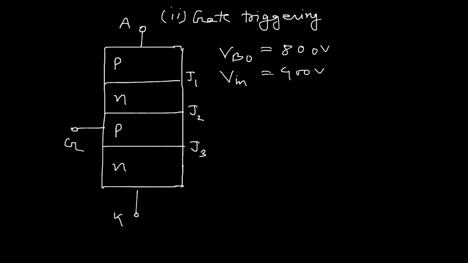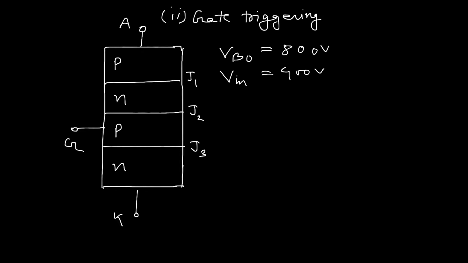So in which way can the device be conducted? As per the normal specification, the device cannot conduct until we apply an anode voltage above 800 volt. But still, the device can be conducted with the application of 400 volt if we use some gate signal across the gate.